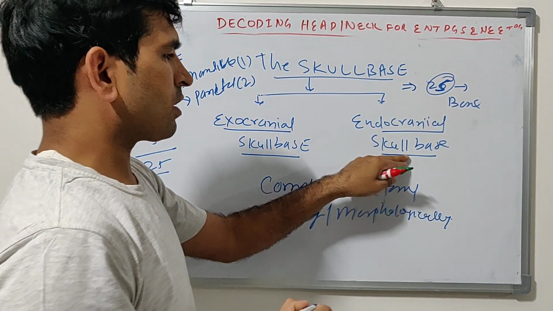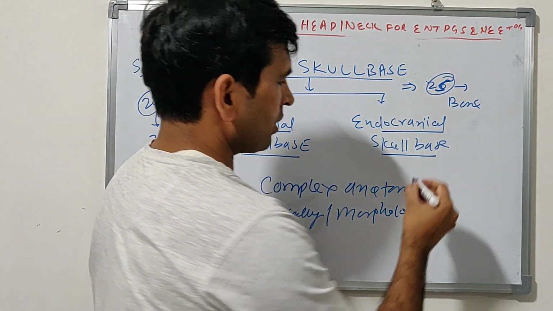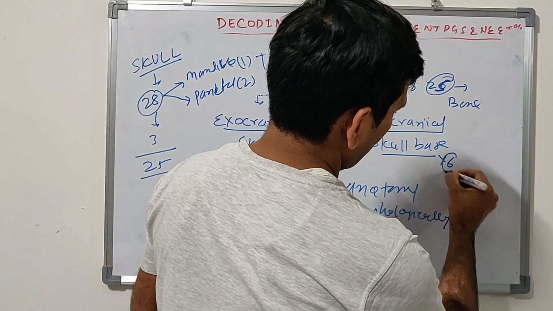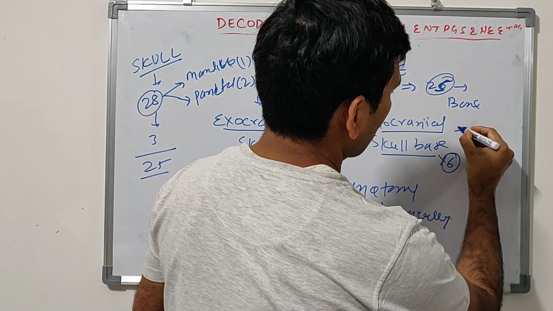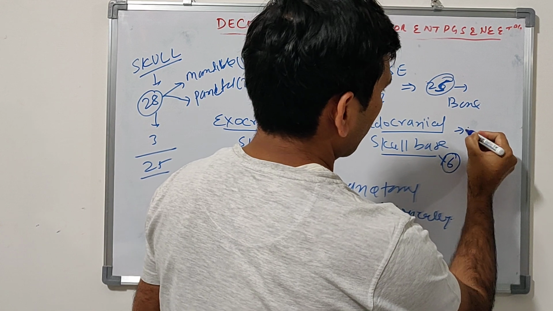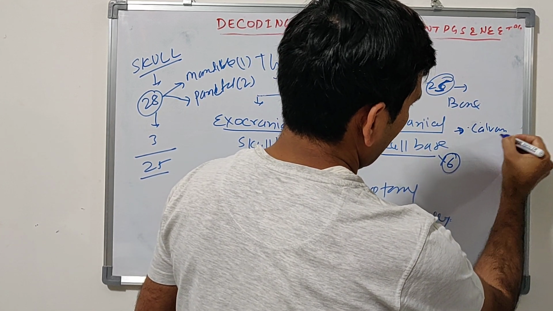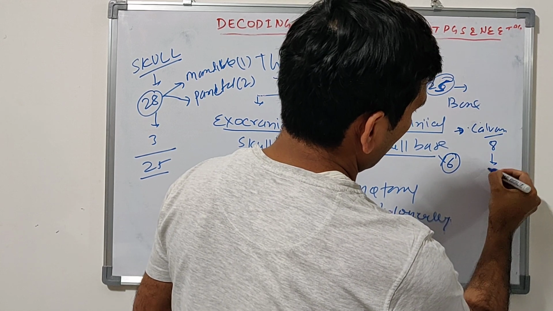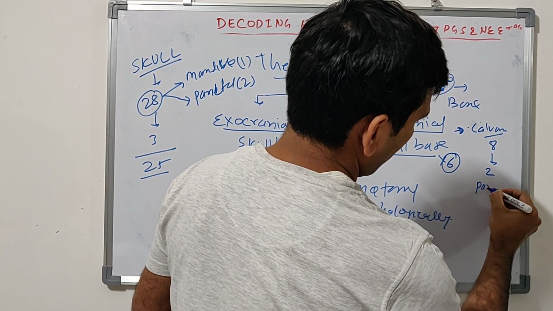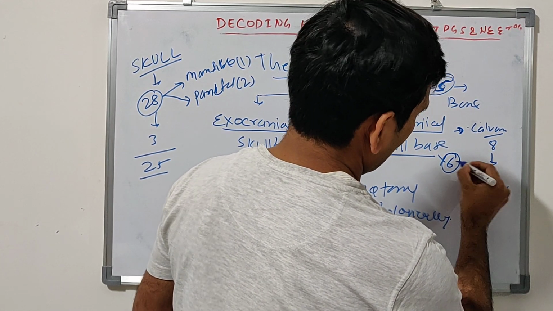Now, the endocranial skull base, the interior of the skull, is formed by 6 bones. The total skull, the calvaria or cranium, is made by 8 bones. If you remove the 2 parietal bones, you get 6 bones.